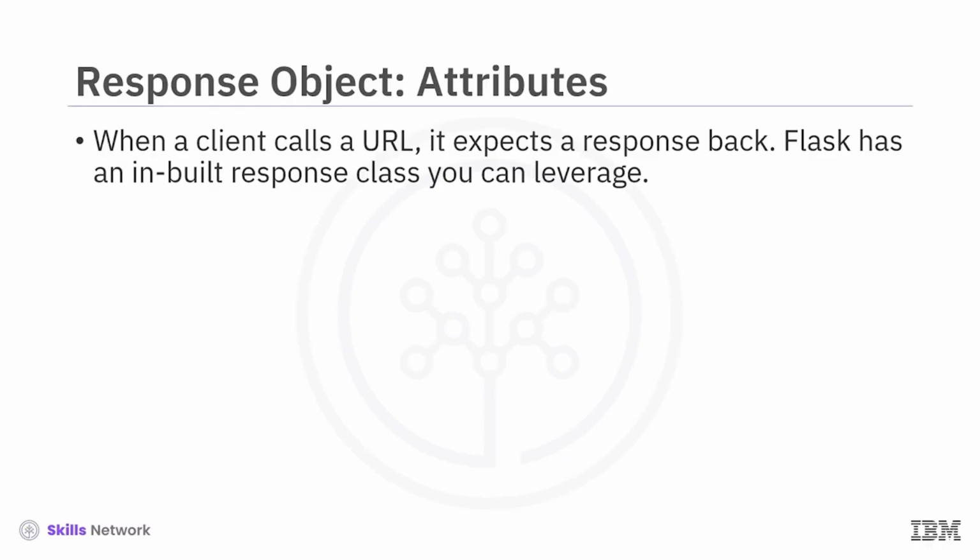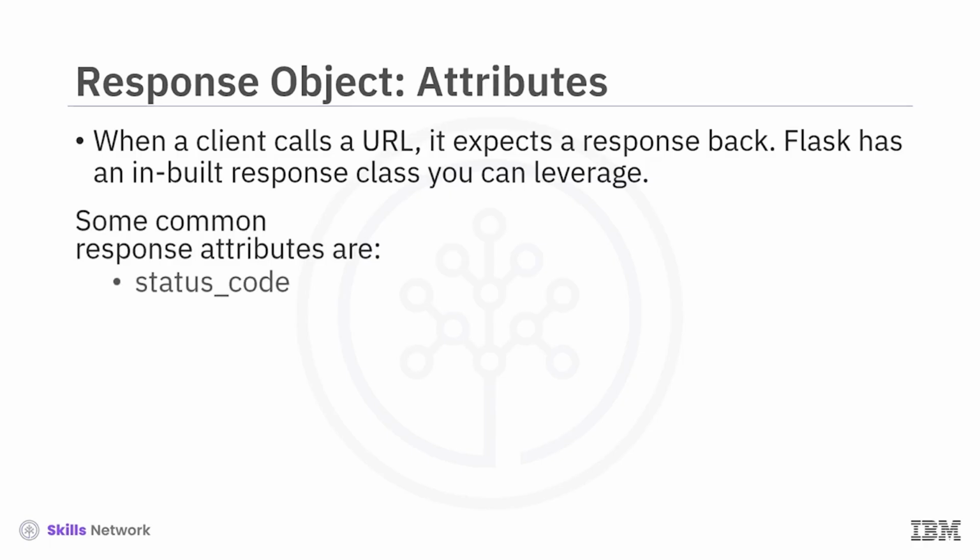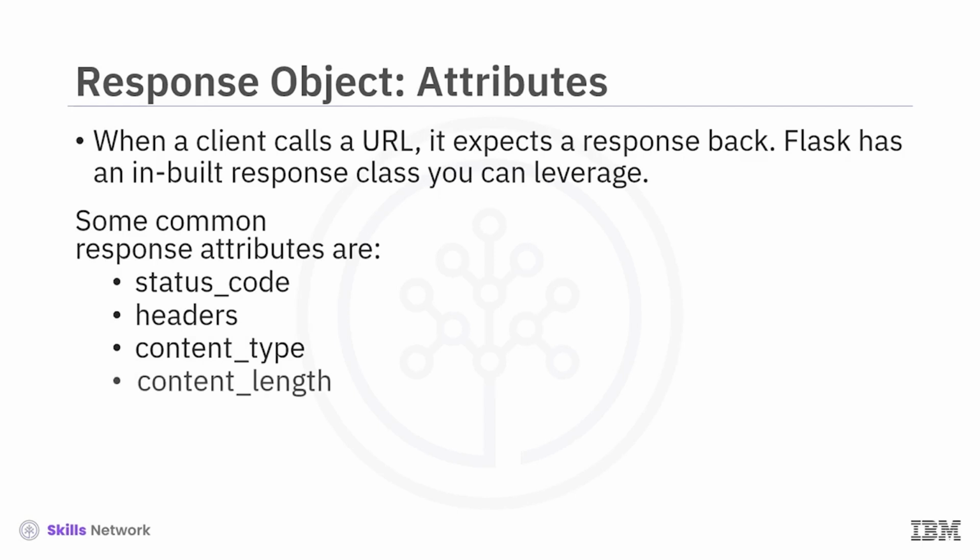Flask will provide a response object just like it provides a request object, and you can use the response object to send custom attributes and headers back to the client. Some common response attributes include the following. Status code indicates the success or failure of the request. The headers give more information about the response. Content type shows the media type of the requested resource. Content length is the size of the response message body.